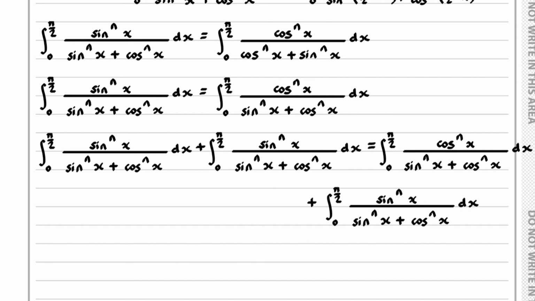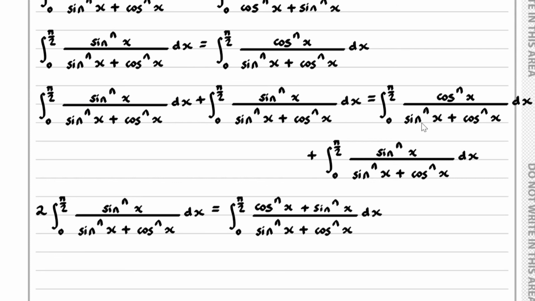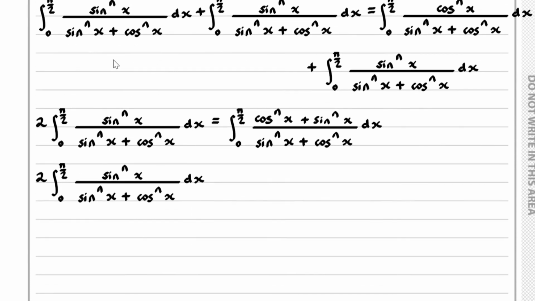And the reason I want to do that, well, first of all, on the left hand side I've got twice this integral, but on the right hand side I've got cos x to the n plus sine x to the n over sine x to the n plus cos x to the n. We've got this common denominator of sine x to the n plus cos x to the n. And so what we have then is the integral of 1 on the right hand side between 0 and pi over 2.